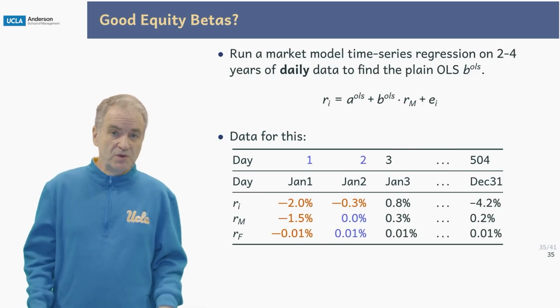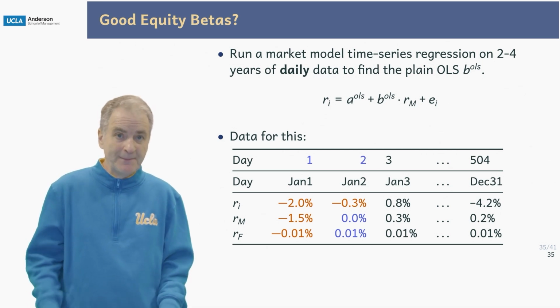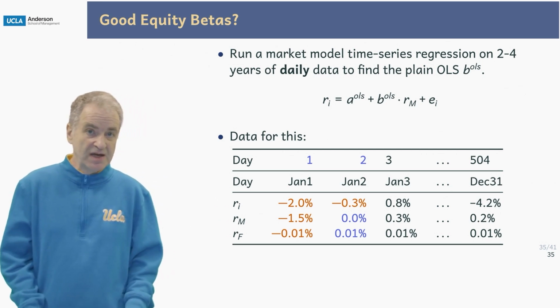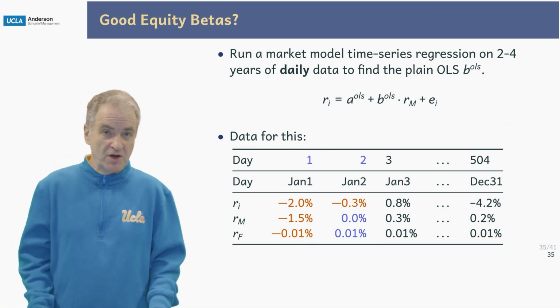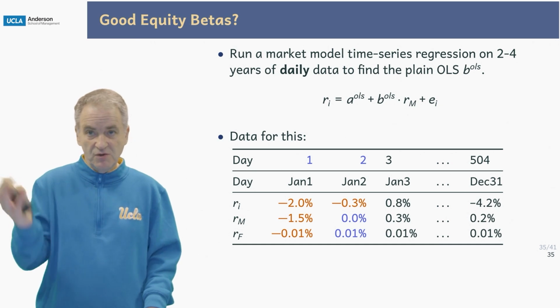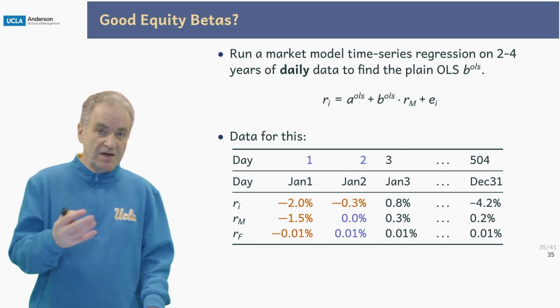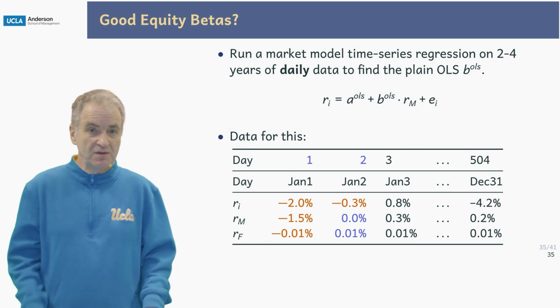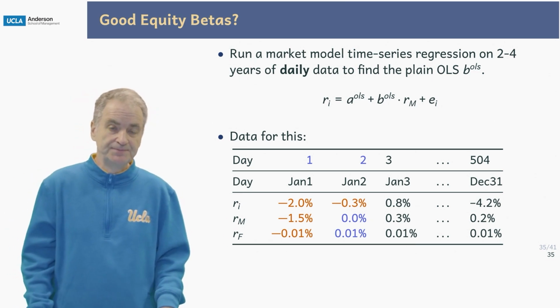Well, the way I would do this is I would run a time series regression. Here's an example of the kind of data that I would want. I would have the expected rate of return on my project, which in the table I call RI, which I've given you about 500 days worth of returns. I would have to take the rate of return on the market, which is the row below it, and the risk-free rate.